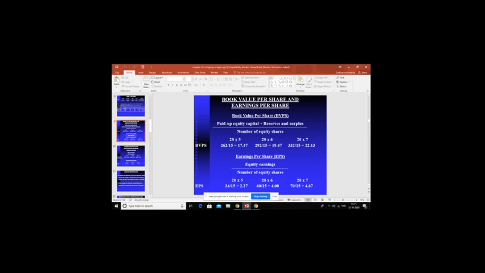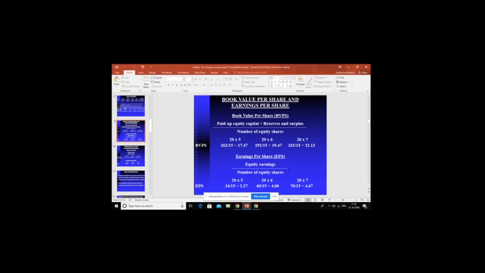Then two more ratios: book value per share and earning per share, and you can see the formula. These could be compared, and based on this you can take a decision. Book value per share is found by paid up equity capital plus reserves and surplus divided by number of equity shares.